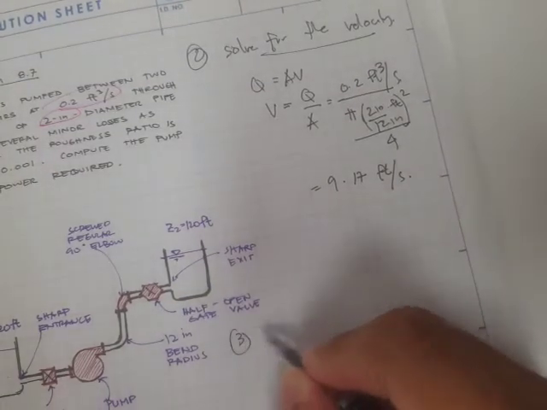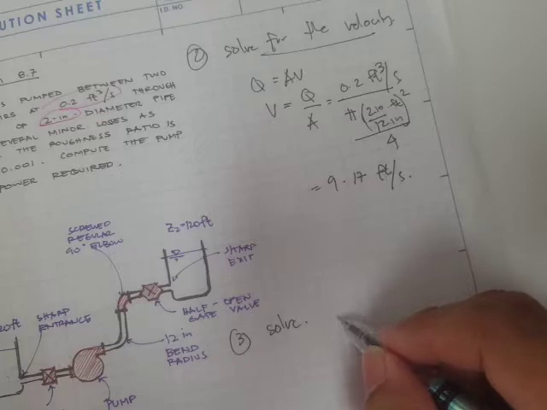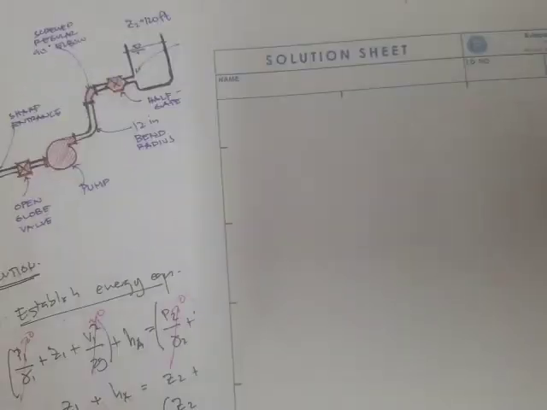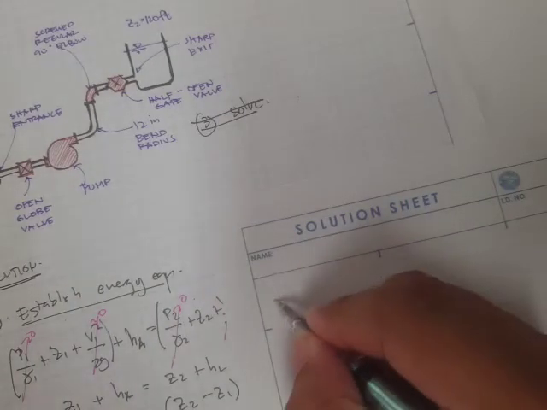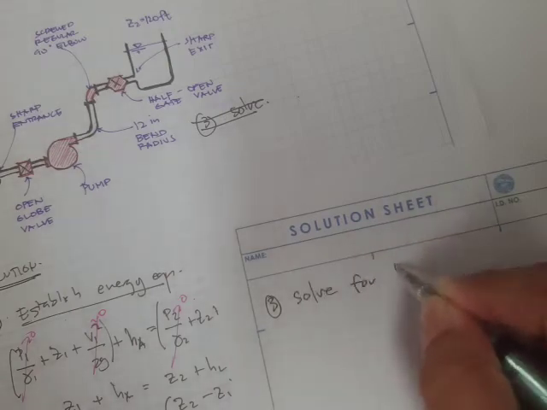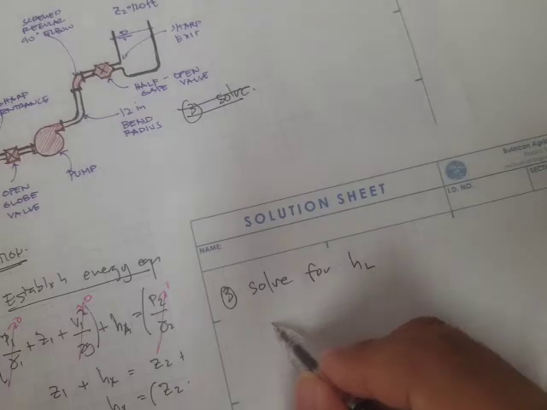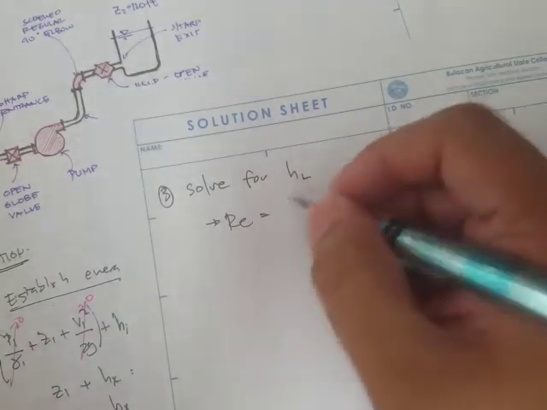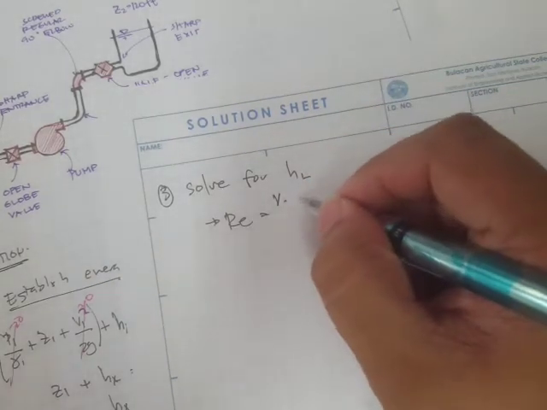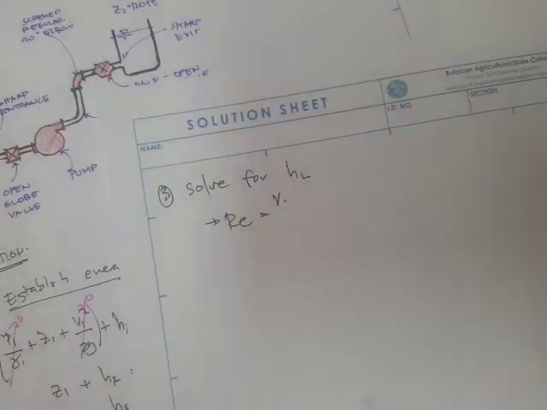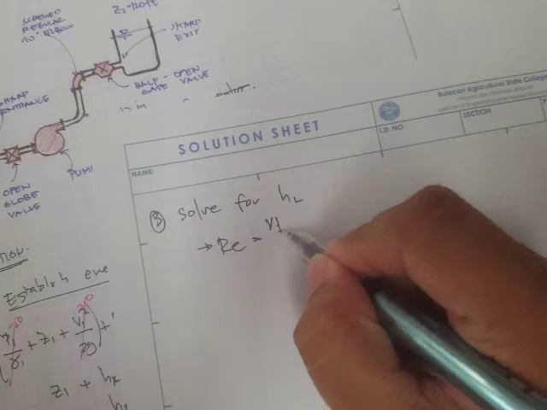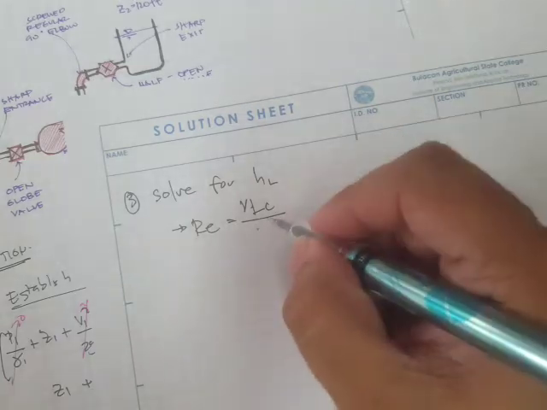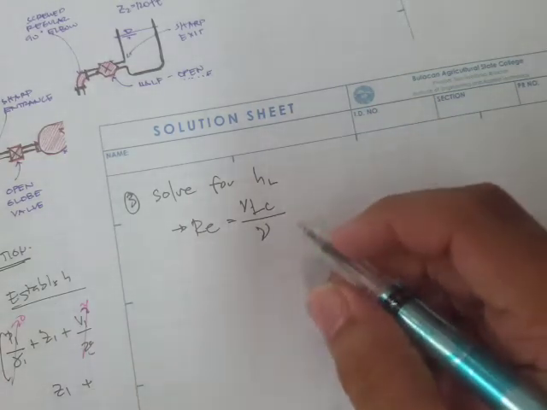Okay, now let's solve for number 3, H sub L. Now, however, if we want to solve for H sub L, we want to solve first for the Reynolds number, which is the velocity times the L sub C, characteristic length, which is just simply the diameter, divided by the kinematic viscosity, nu.